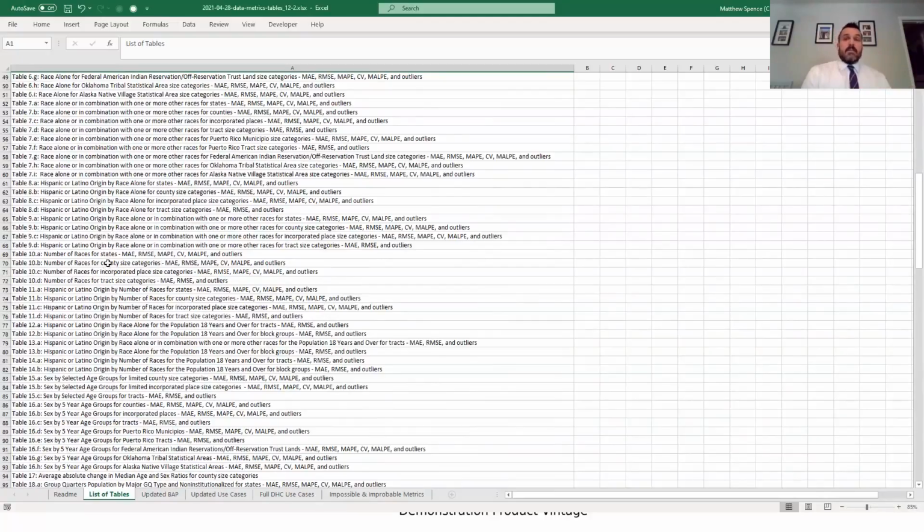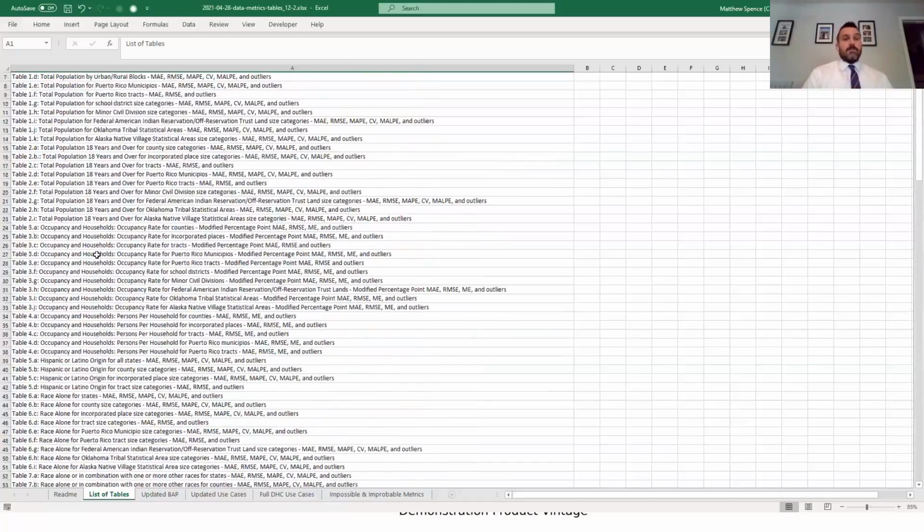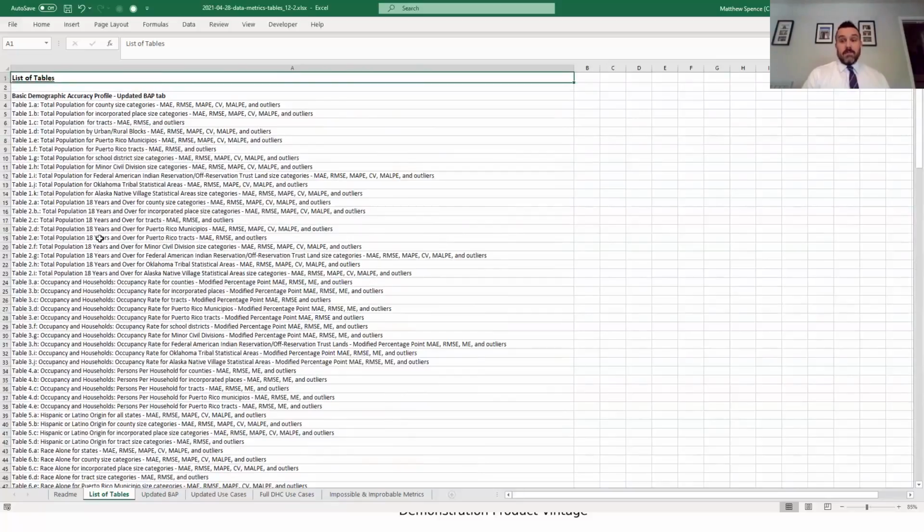The redistricting data that these demonstration data are just do not include single year of age or sex. They include voting age population, but they don't include the detailed age. We also don't include a lot of the housing unit data or family relationship data. Those data will be released in a later release as part of the DHC, and those are coming later. But first, we're doing the PL.